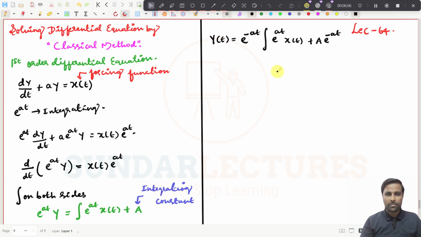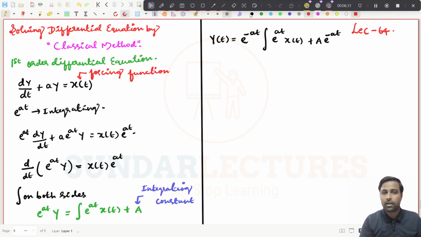So next what I'm going to do, see, this is now integration, right? e power minus at is already there, so keep e power minus at as it is. See this one, I'm going to integrate by parts. Maybe I will do it in a different way.